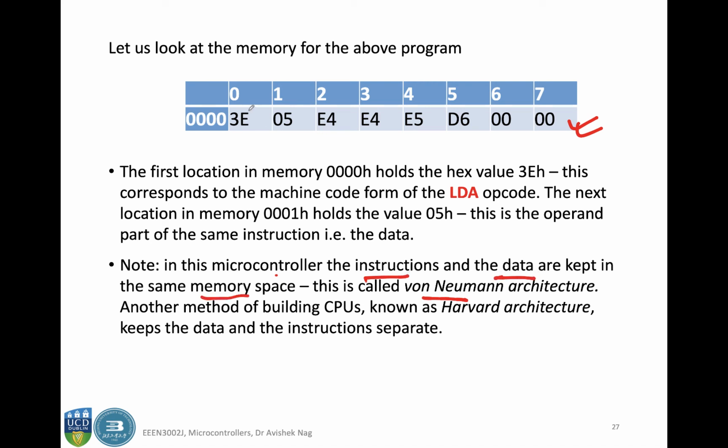You see, this one was your instruction of load A, and the data you are loading is this, and both of them are stored in the same memory space. This is called von Neumann architecture. Another method of building CPUs is known as Harvard architecture, and this keeps the data and the instructions separate.